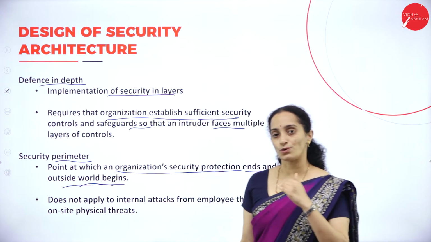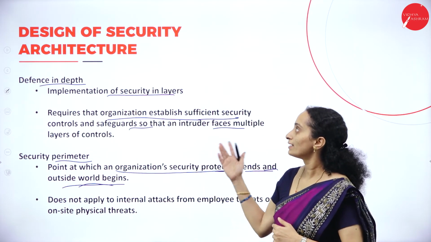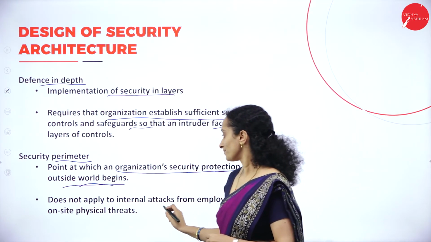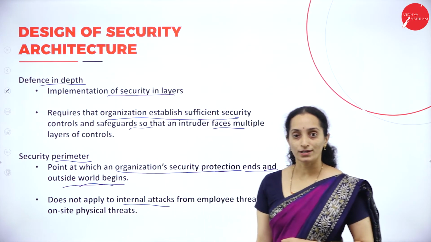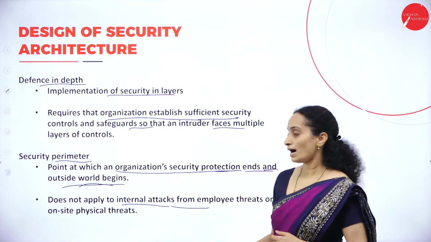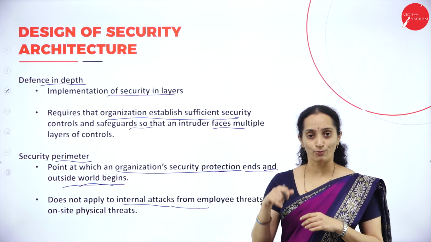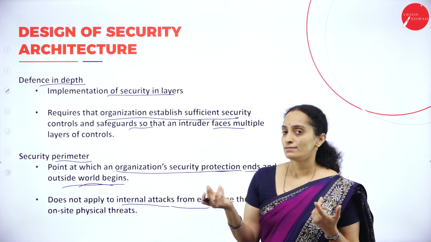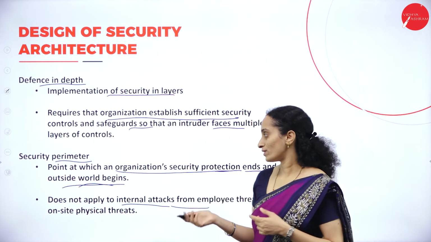So this threshold must be fixed in the design of the security architecture. All these security features do not apply to internal attacks. If another employee from the same organization accesses the data, you cannot have any control over that.